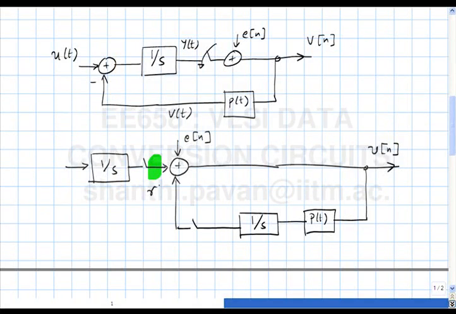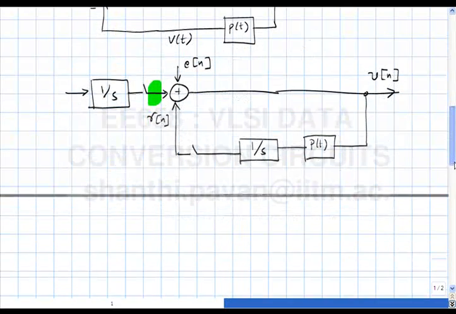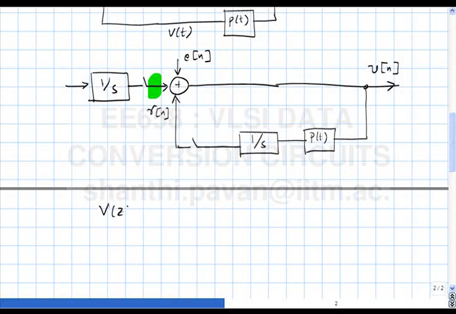You understand? So if the transfer function from E of n to V of n is 1 minus Z inverse, what can you say about the transfer function from R of n to V of n? Same thing, correct? So V of Z by R of Z is the same as V of Z by E of Z, which is 1 minus Z inverse, correct?